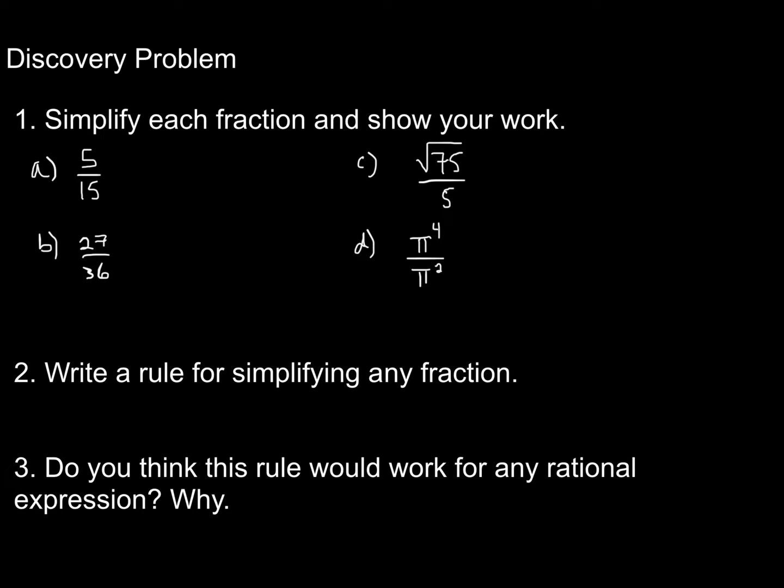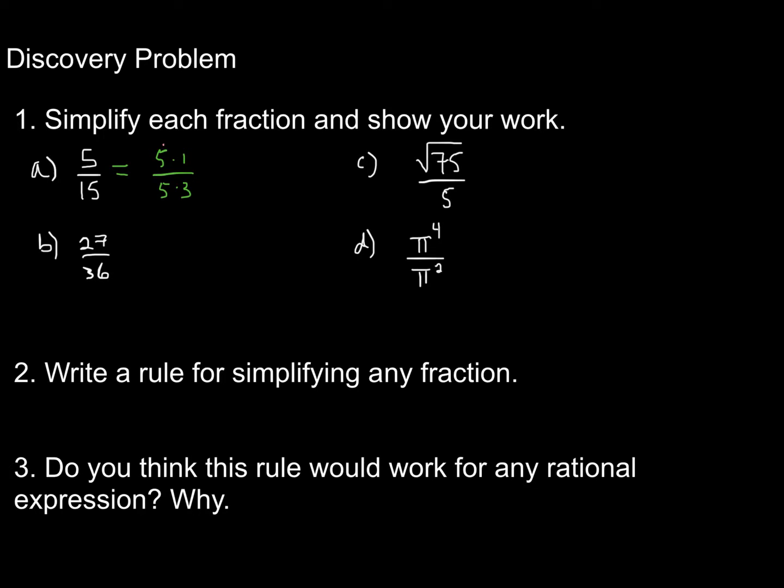Okay, so let's think about how we can simplify each of these fractions. Notice that you can rewrite these fractions in a way that allows you to simplify. So 5 is 5 times 1, and 15 is 5 times 3.